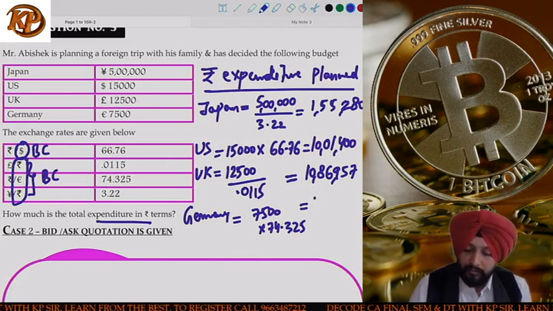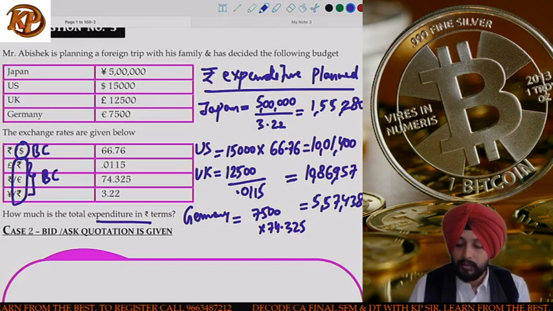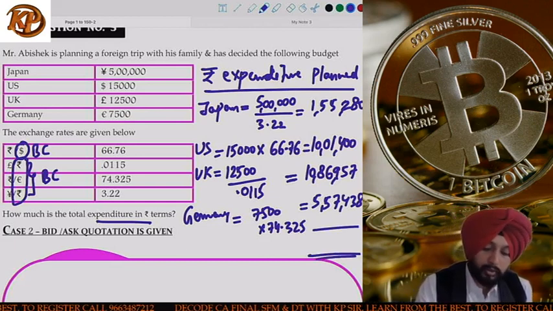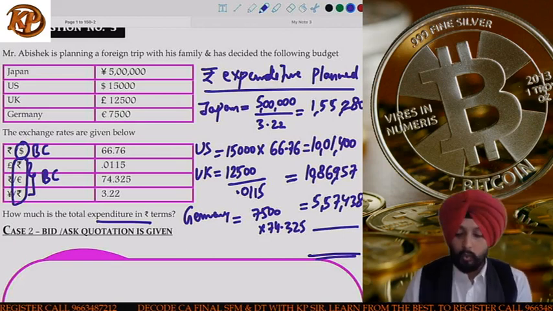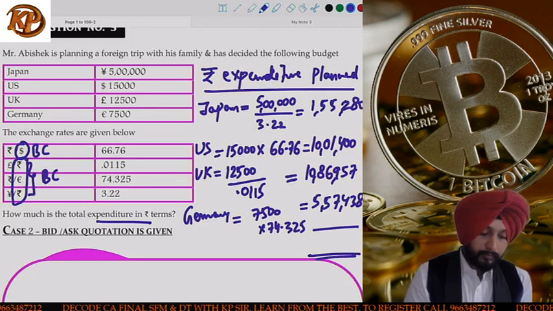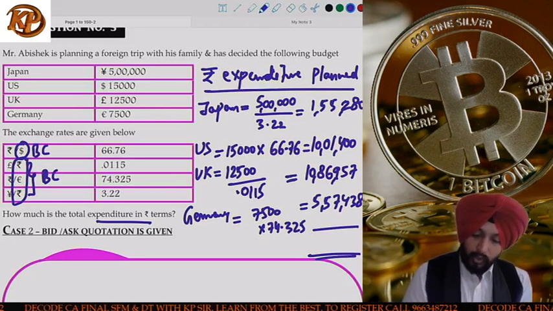You get 557,438. Let's do the total. 155,280. 10 lakh 1,400.